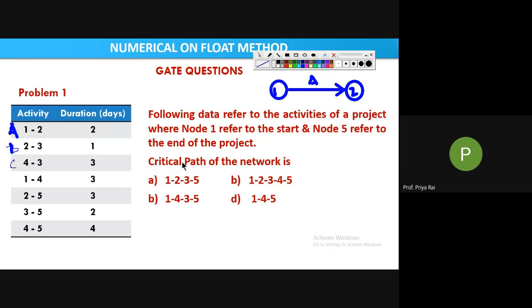Longest path. The longest duration path is the critical path. So among these four paths, we need to see which path has the longest duration.